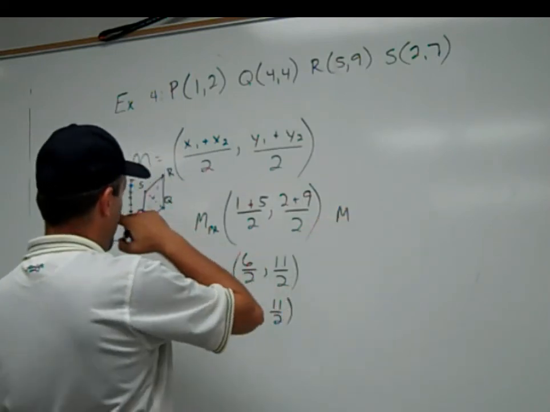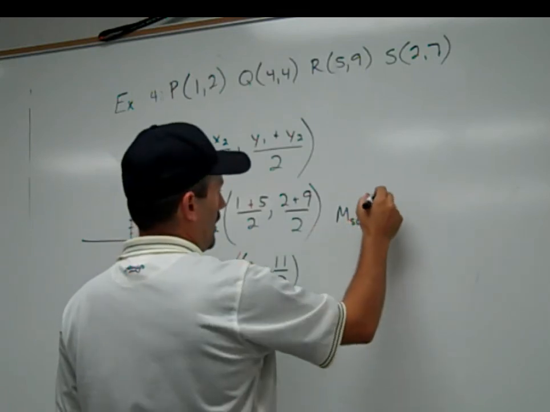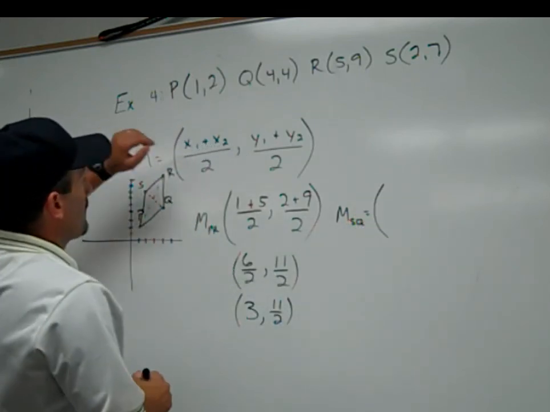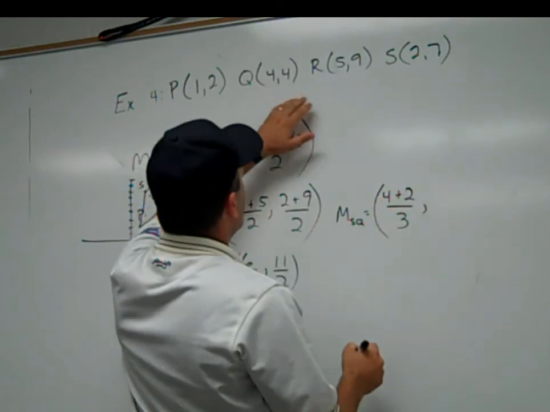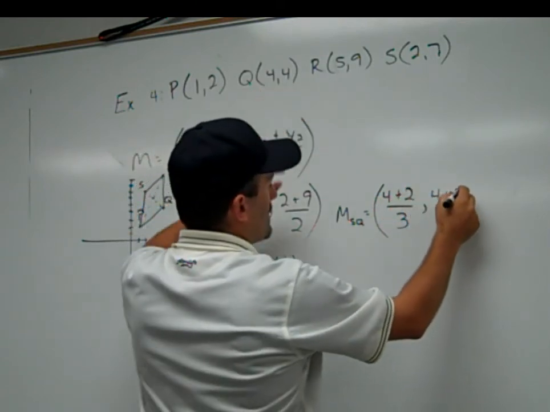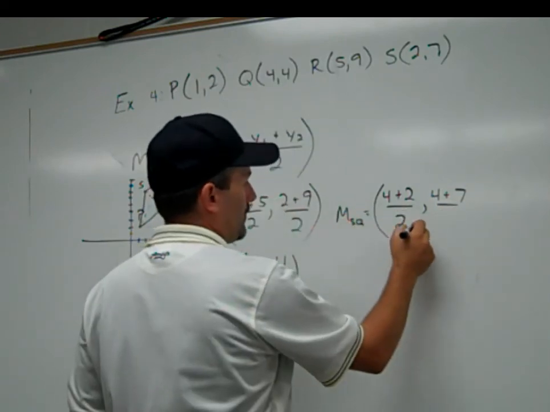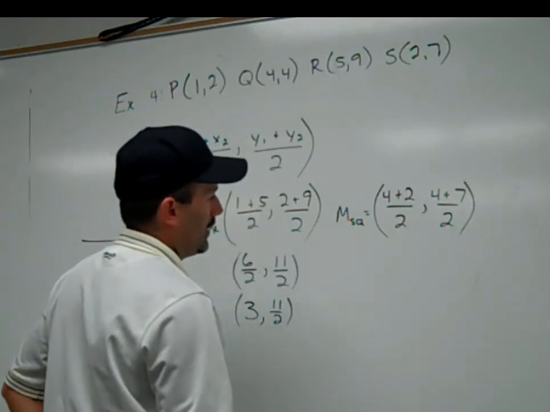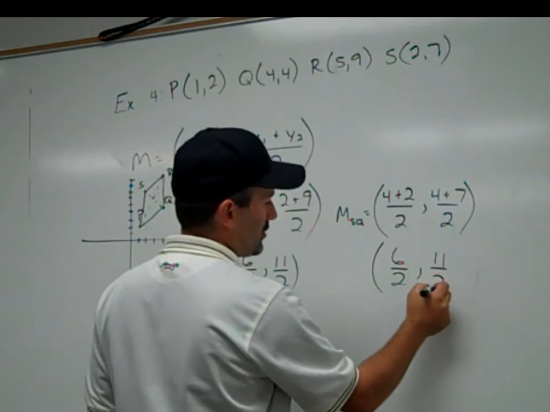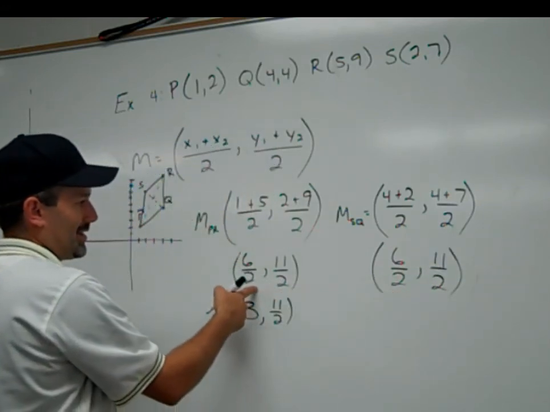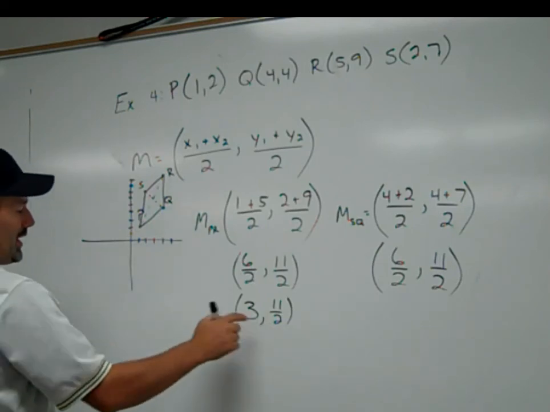Then for the midpoint of SQ, or QS, it doesn't matter, same process. 4 plus 2 over 2, and 4 plus 7 over 2. Again, simplifying that, we get 6 over 2, and we get 11 over 2. And again, it's very easy to see that those two are the same. So both of our midpoints are at 3, 11 halves.